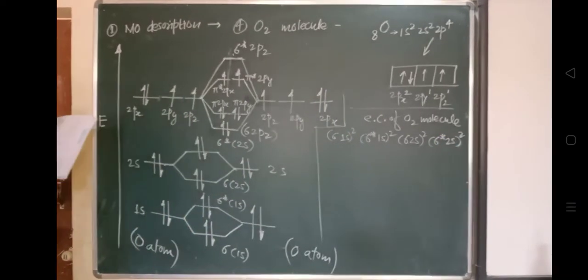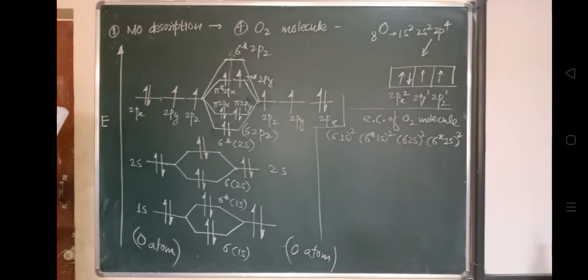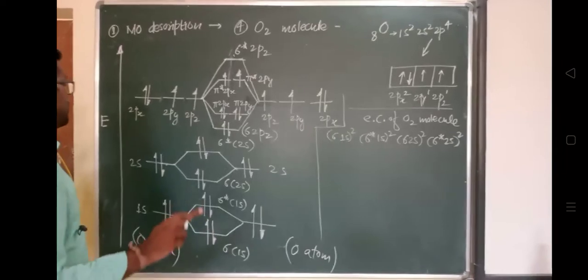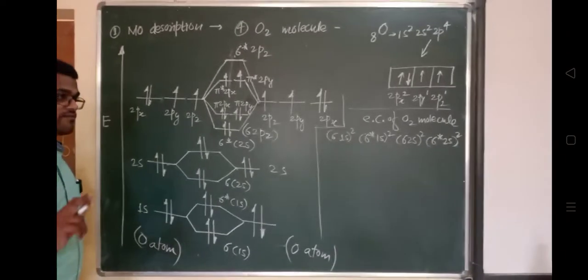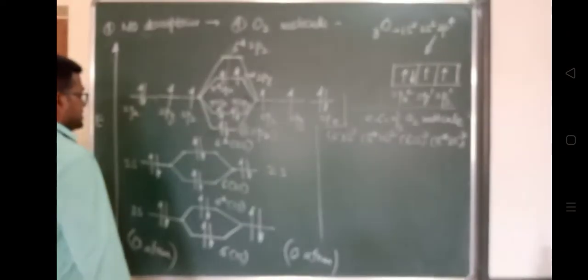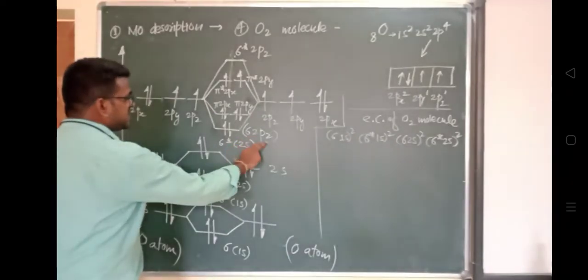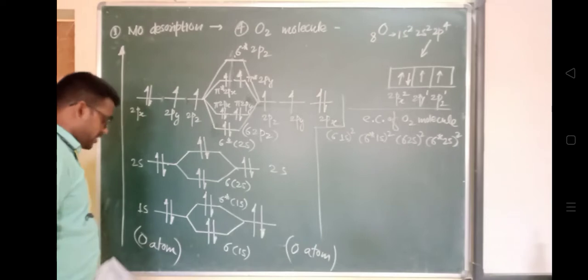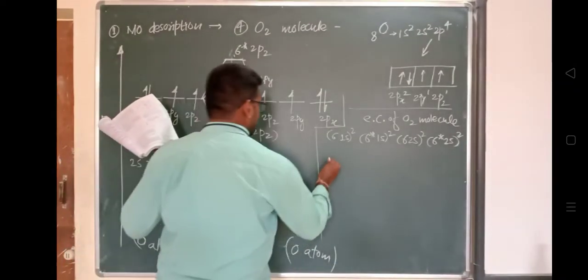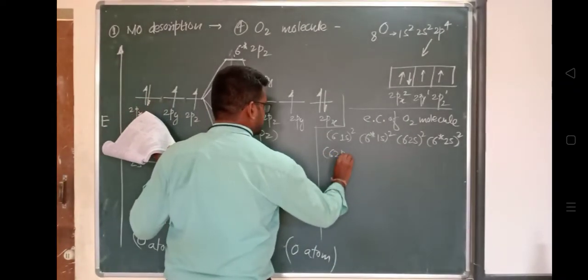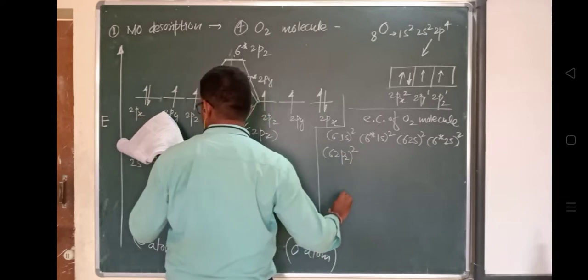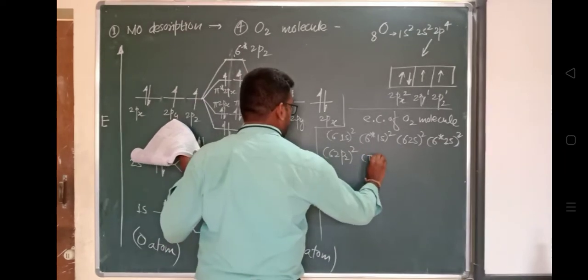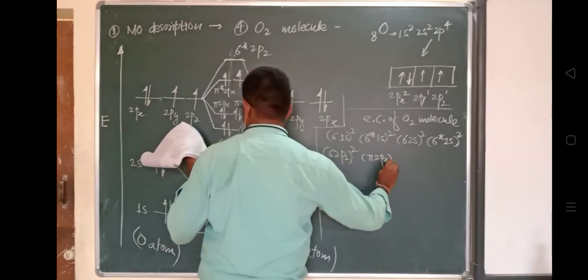Then we consider sigma 2pz, because we have already written the energy level in the case of O2 and F2 molecules. Sigma 2pz has a lower energy compared with pi 2px and pi 2py, so we will write it here, and then the pi 2px orbital.